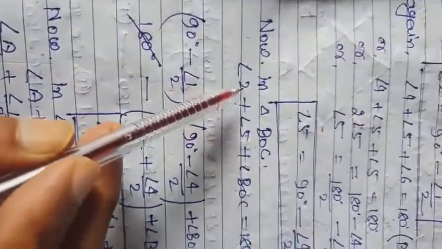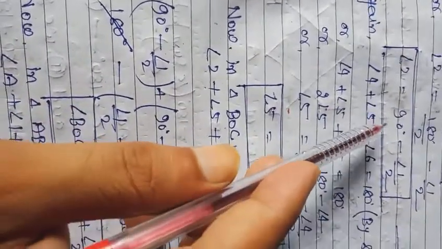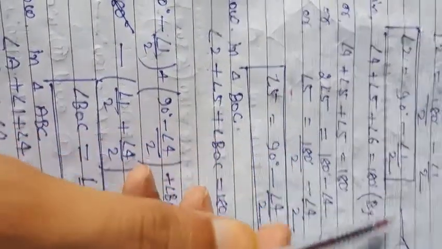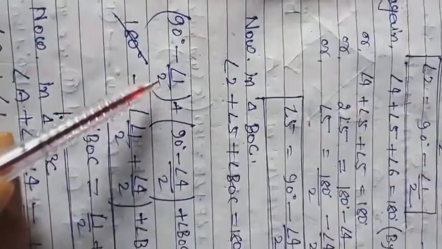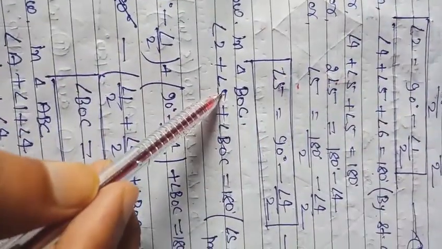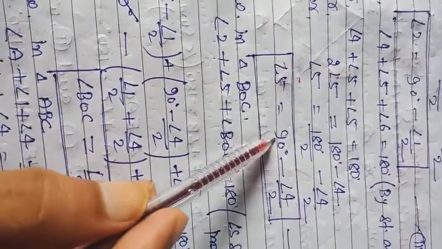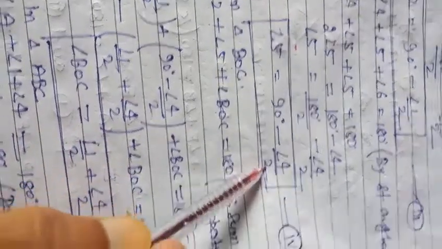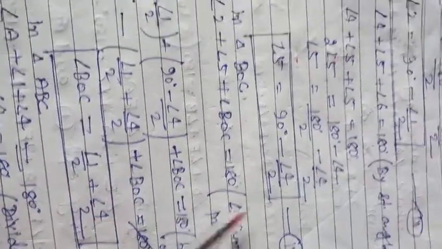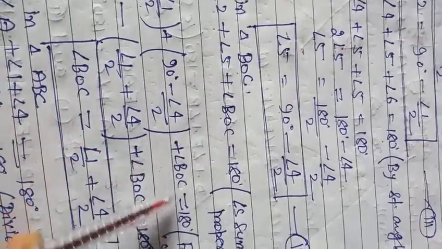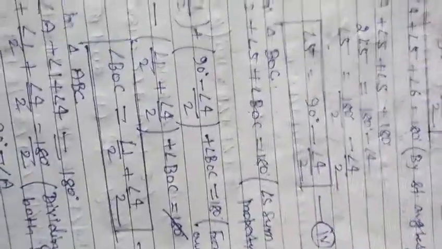In place of angle 2, we can write 90 degree minus angle 1 by 2 from equation third. And in place of angle 5, we can write 90 degree minus angle 4 by 2 from equation 4, plus angle BOC is equal to 180 degree.